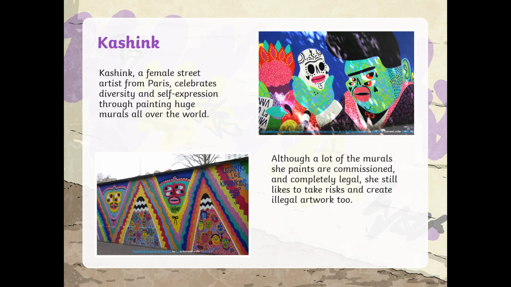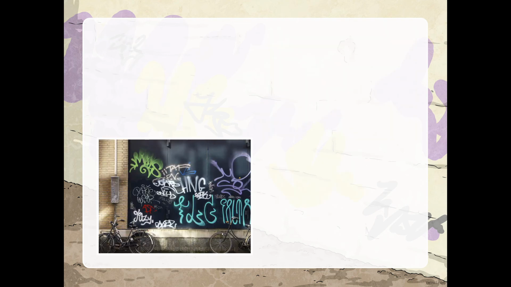And although a lot of them she paints are commissioned and completely legal, she still likes to take risks, and she does create some illegal artwork too. Most of the time though, they're commissioned, they're given permission to do her art.